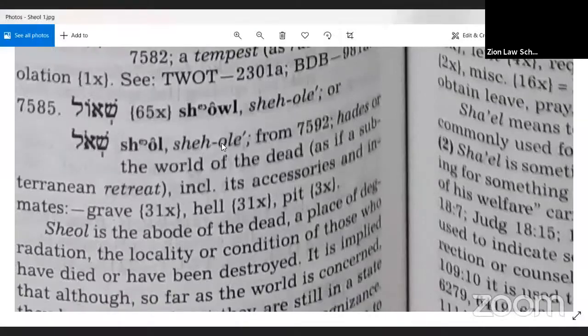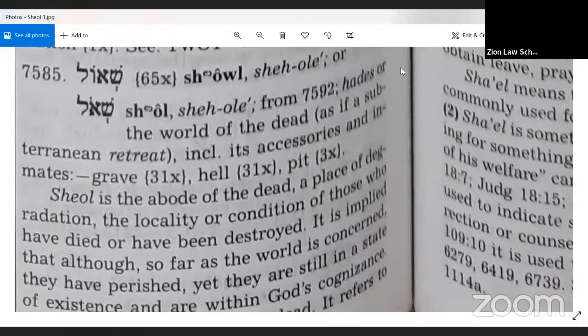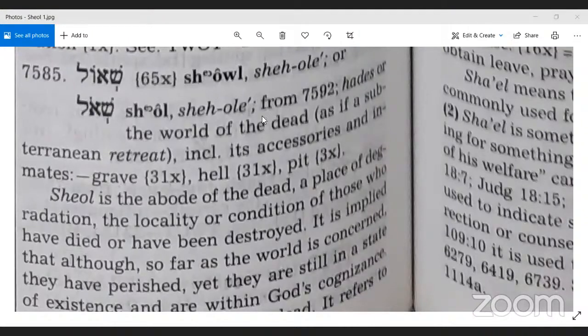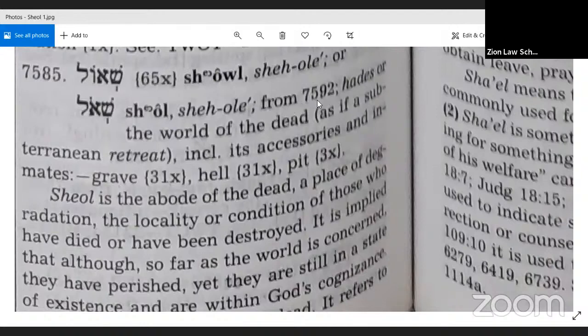Okay, so here we are, 7585. Can everybody see this? Yes. Okay, it says, so from 7585, we just read that, to inquire, by implication to request, by extension to demand, right? It's basically a greeting.